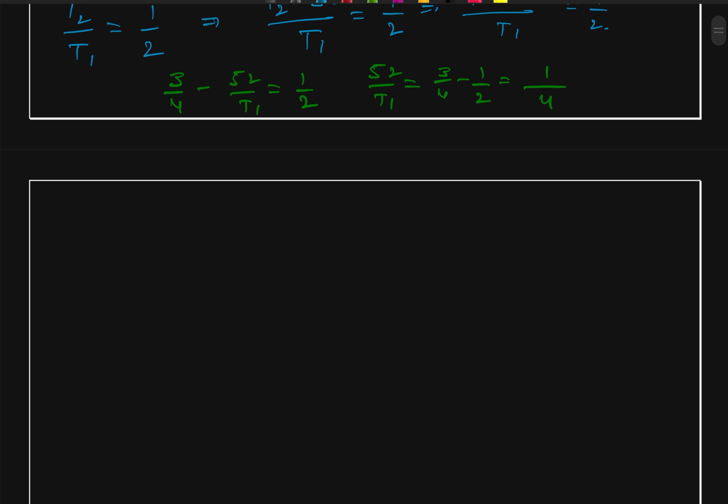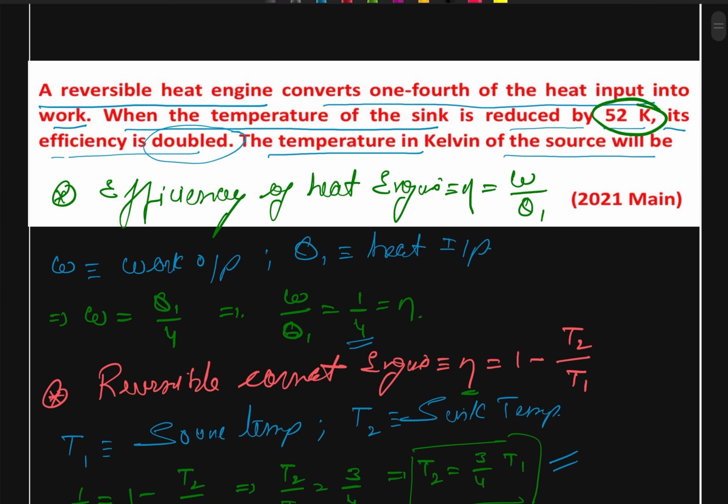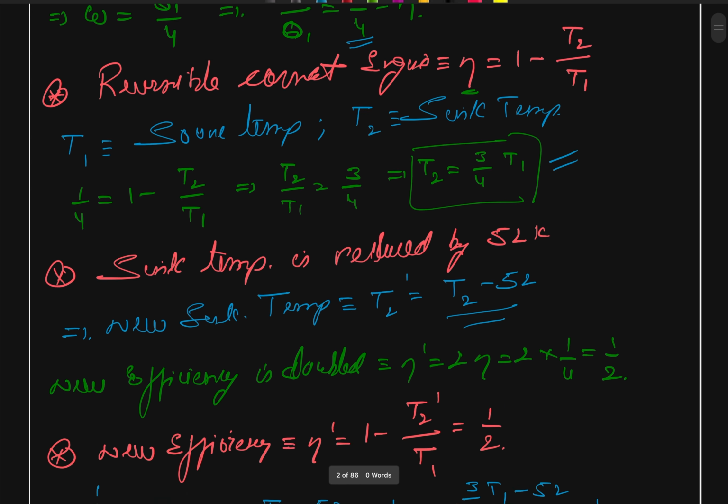Therefore T1 will be equal to 4 times 52, which comes as 208 Kelvin. So the temperature of the source will be 208 Kelvin. Next question.